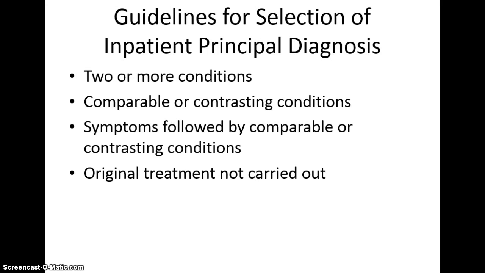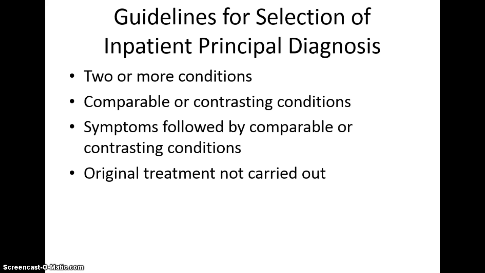So let's talk about when there are two or more conditions. Coding Guideline C tells us, in the unusual situation in which two or more diagnoses equally meet the criteria for principal diagnosis as determined by the circumstances of the admission and the diagnostic workup and/or therapy provided, either may be sequenced first.